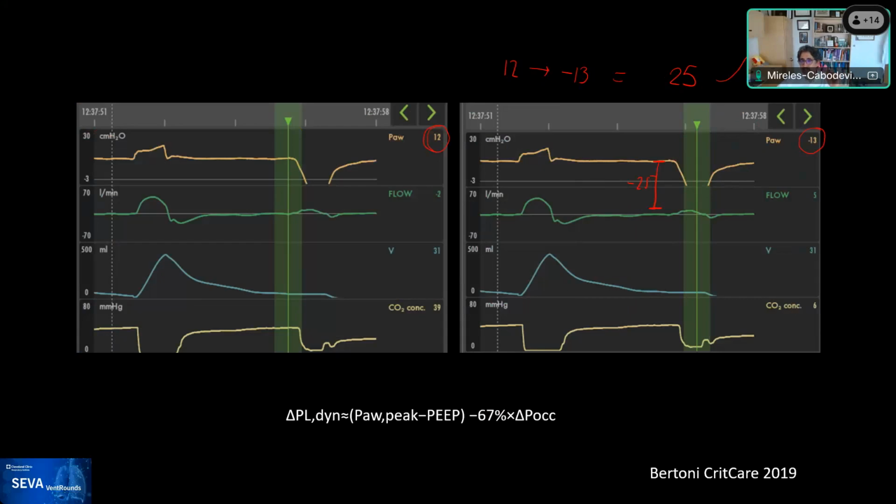And so if we multiply 25 times 0.75, that gives us 19. So that's a Pmus, and again, all these thresholds are in evolution, but it seems that the threshold for a very high Pmus in which injury to the diaphragm and PCL can occur is around 15.